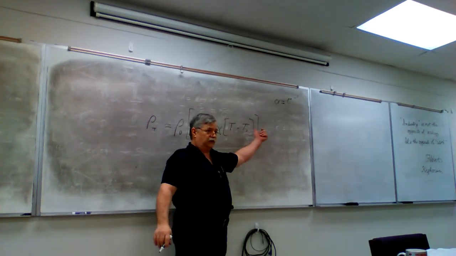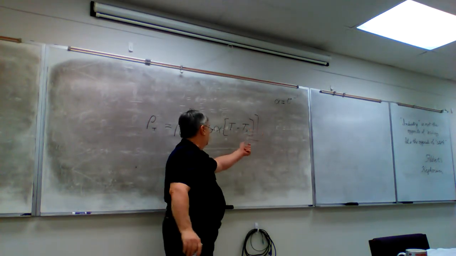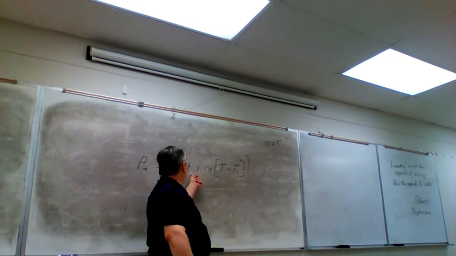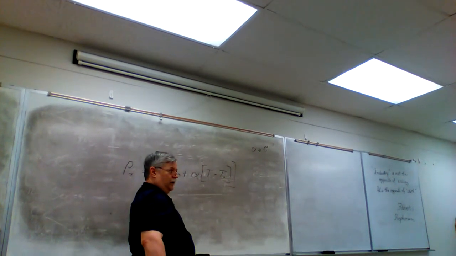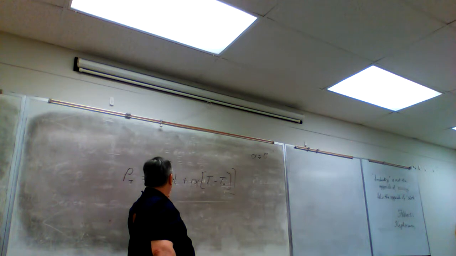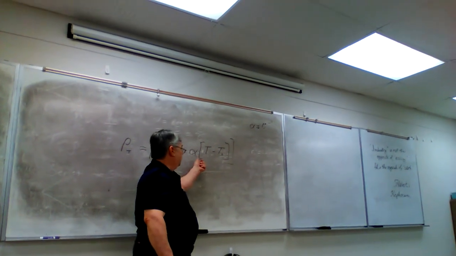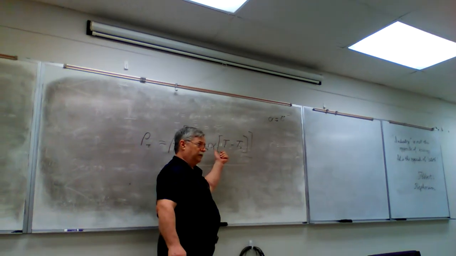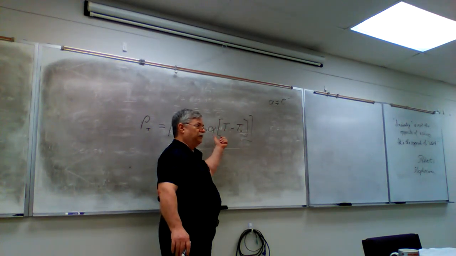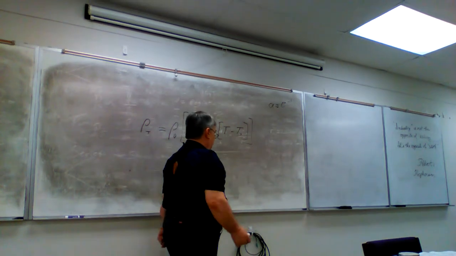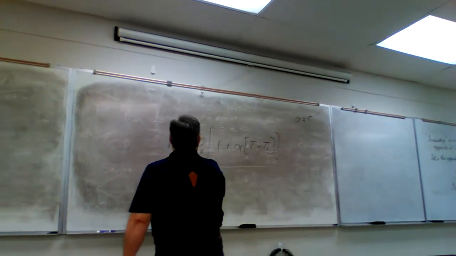For every degree of delta T that you operate at, you're going to adjust your resistivity, rho sub naught, by that much per degree C. Let's just plug in the numbers and see how this works.